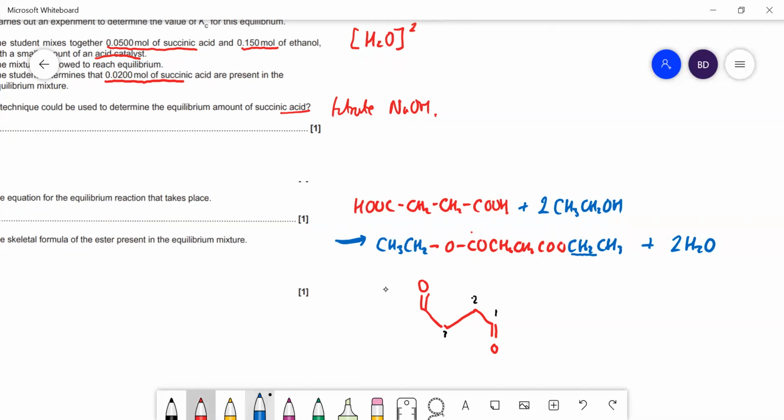So we need an oxygen first of all, don't we? We need an O, and then that's 1 carbon of the ethanol. That's the other carbon of the ethanol, and the same on this side. 1 carbon of the ethanol, 2 carbons of the ethanol, and there's our carbons for the butanedioic acid, succinic acid. This is 1, 2, 3. We've got 4 carbons there. So that's our skeletal formula.